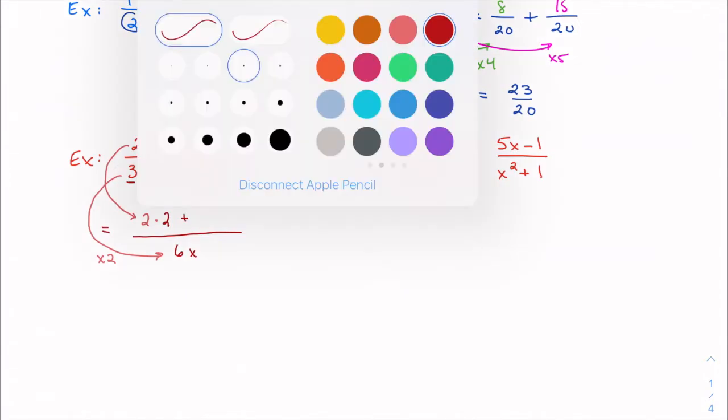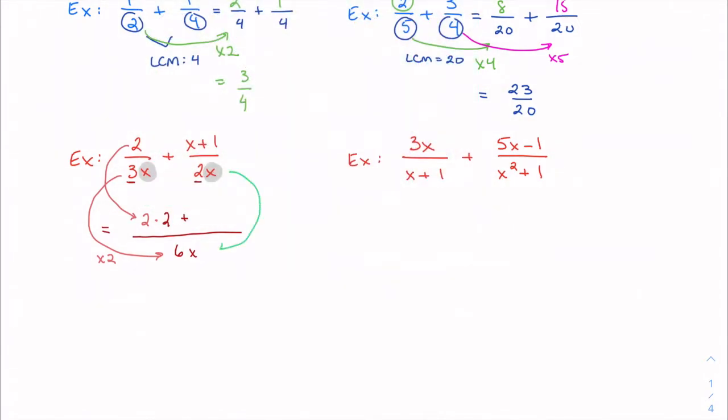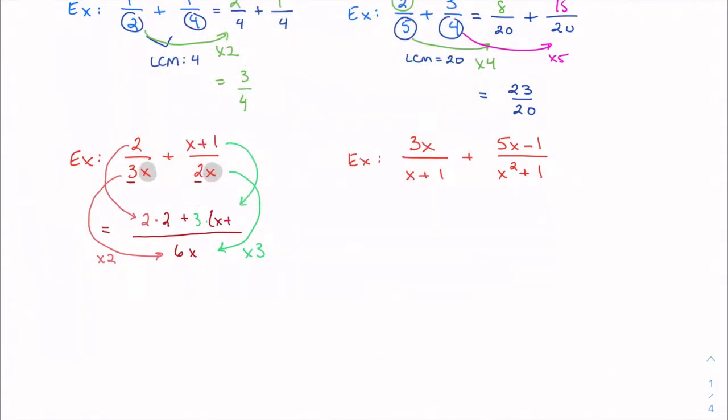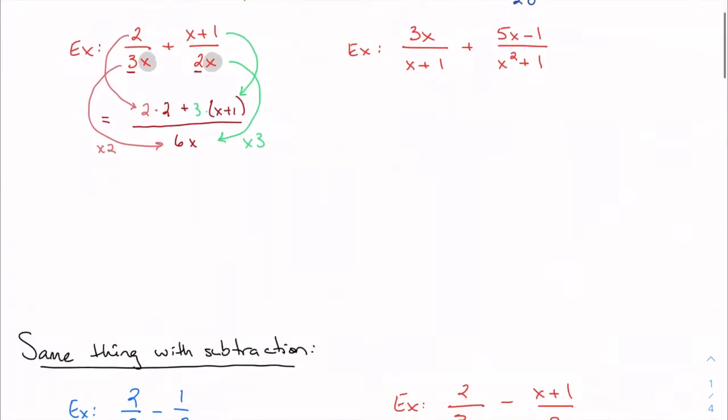And then likewise, what did I do to 2x to get to 6x? I multiplied by 3. So to get from x plus 1 to my new numerator, I'm going to do the same thing and multiply by 3, right? So to simplify this a little bit, I get 4 plus 3x plus 3 over 6x. I get 7 plus 3x over 6x. So the process is the same.